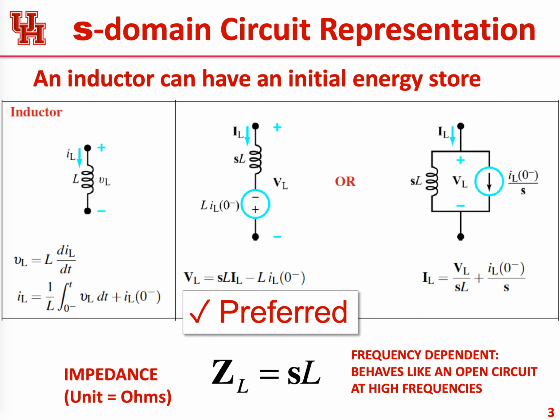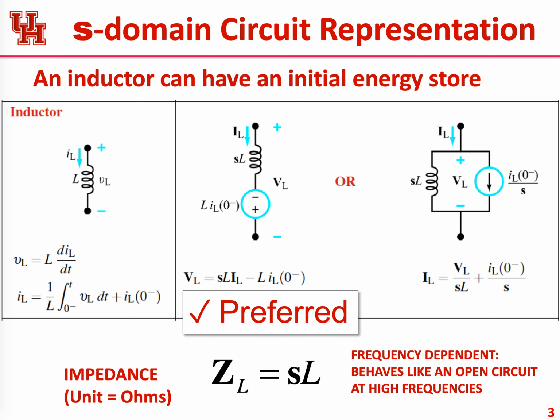Suppose we denote the voltage across it as V sub L and the current through it as I sub L. Now these could be time-varying quantities, V_L(t) or I_L(t). What's possible is that there could be some initial current flowing through it. So the basic governing equation for an inductor is V_L(t) is L di/dt.